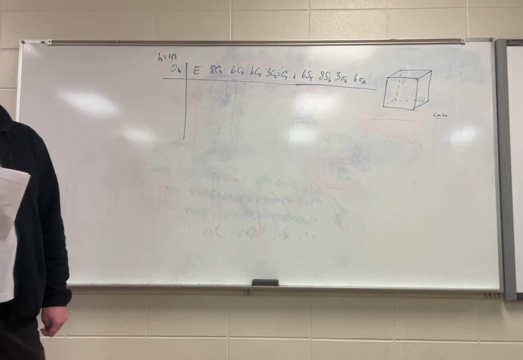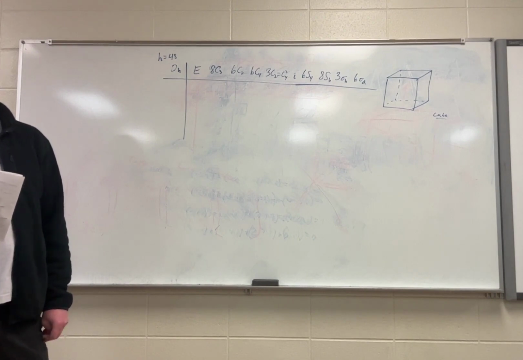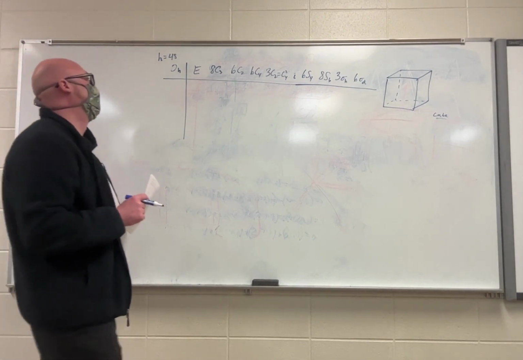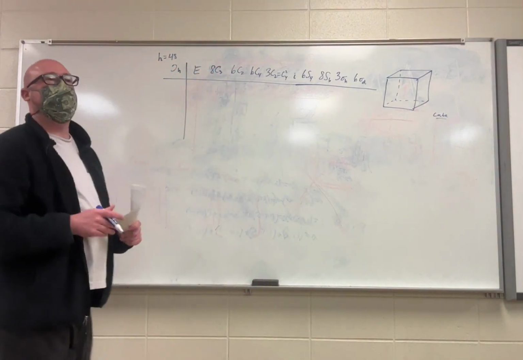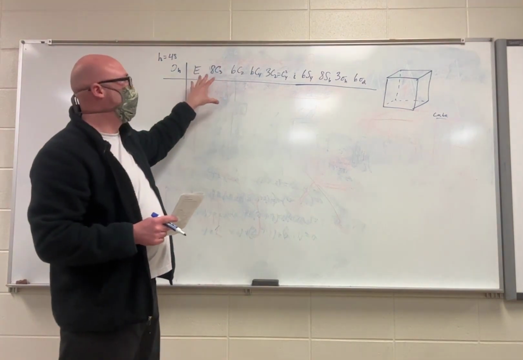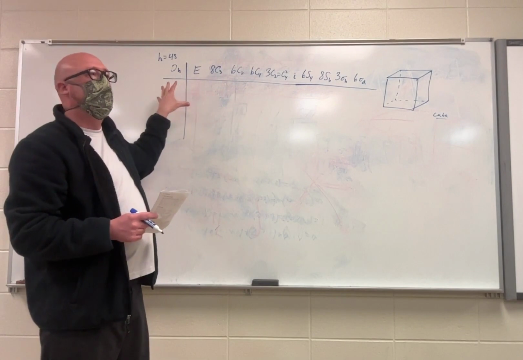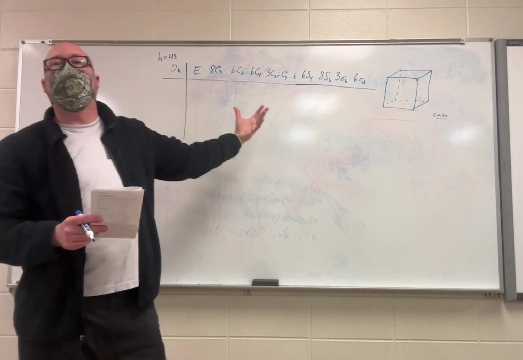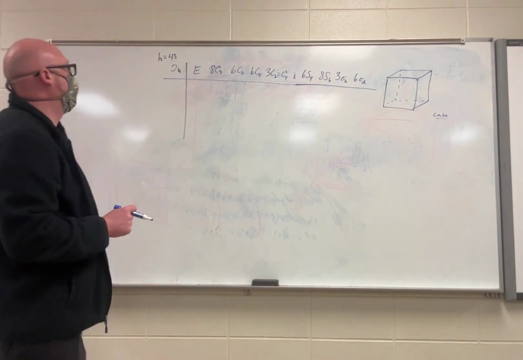I will not ask you to derive the irreducible representations for this point group on an exam. I would not want to do that. But I will ask you to use this point group and a character table from this point group, for example, or maybe another point group, to decompose irreducible representations. Okay?